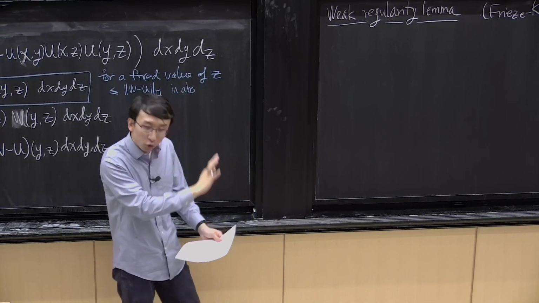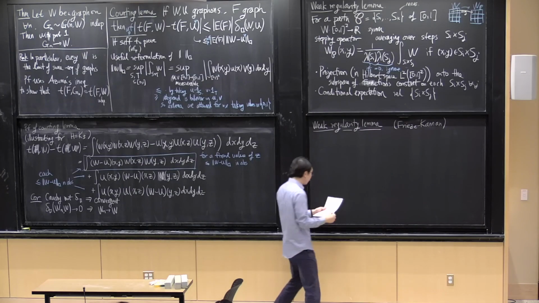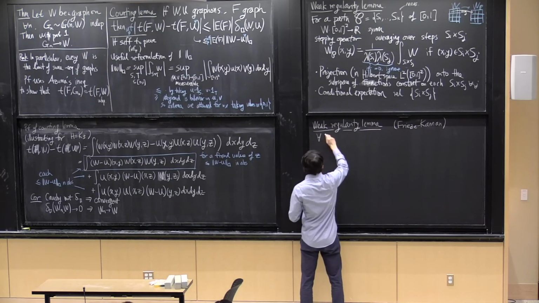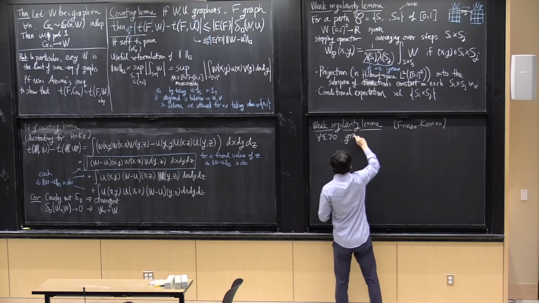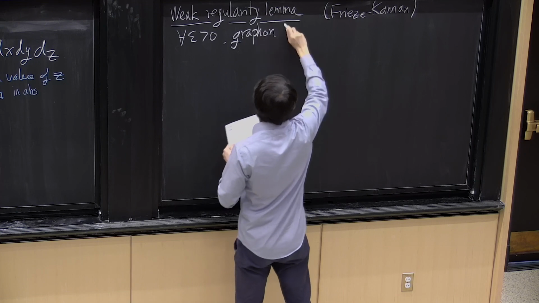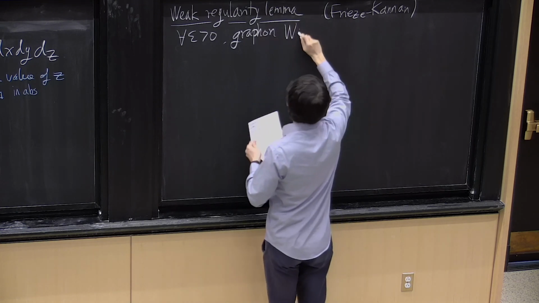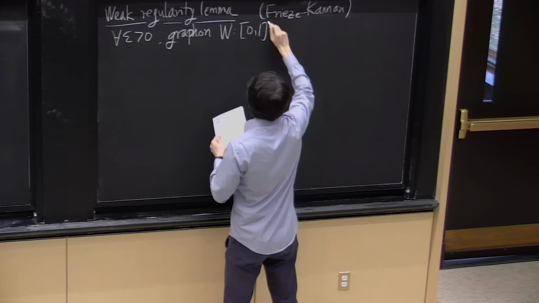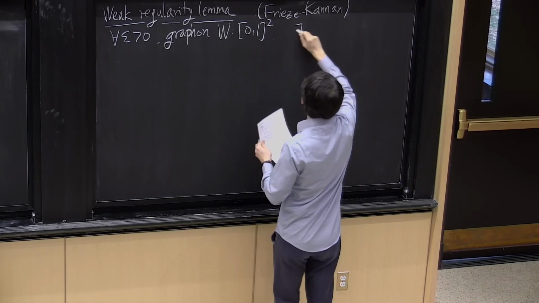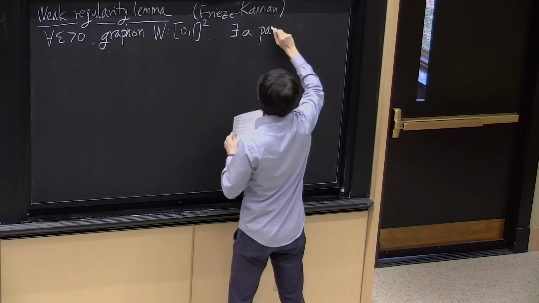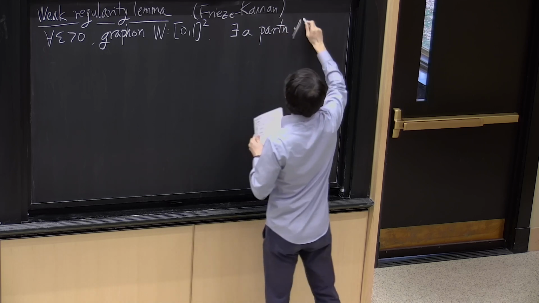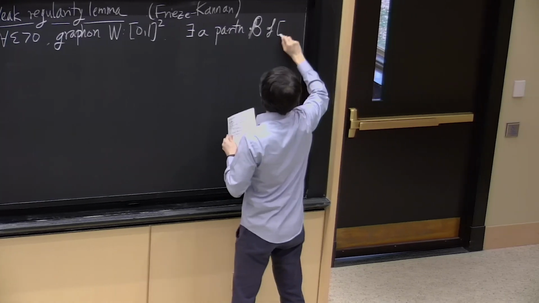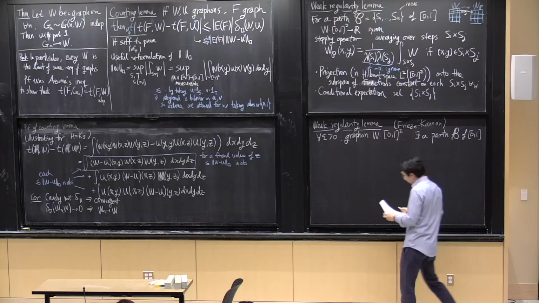So let me state it for you both in terms of graph functions and in graphs. What it says is that for every epsilon and every graph function W, there exists a partition denoted P of the 0, 1 interval.